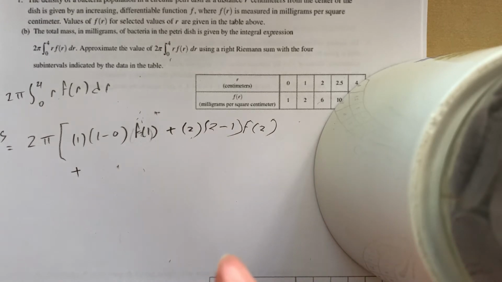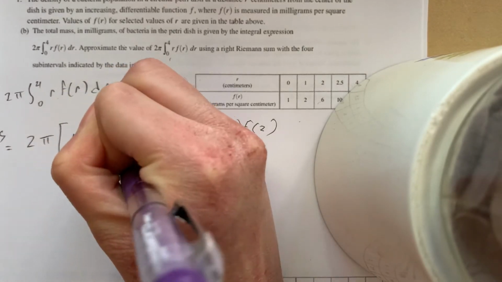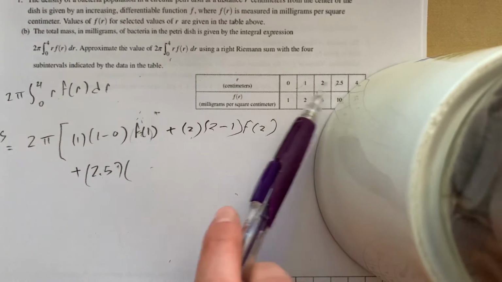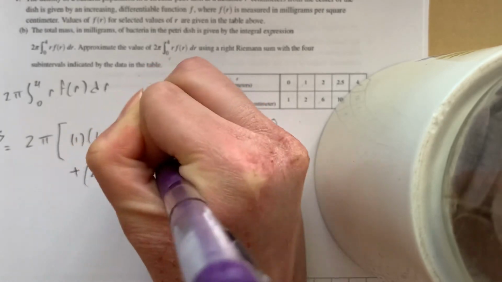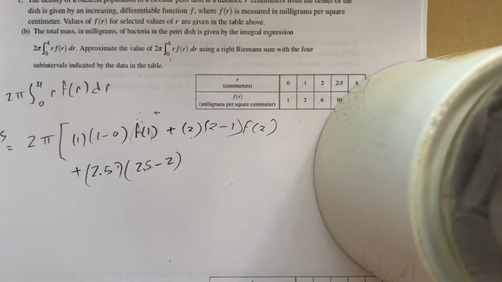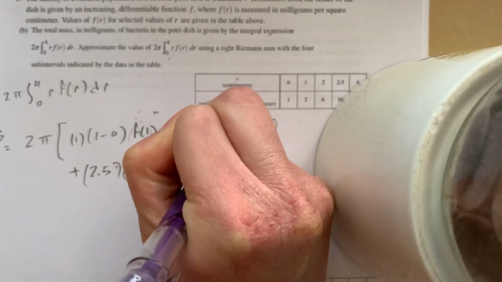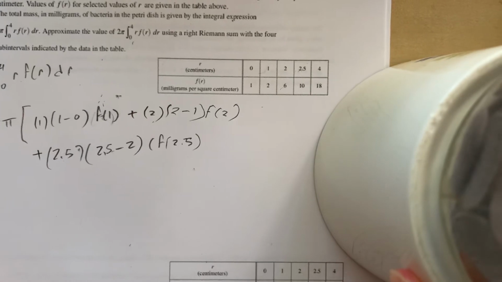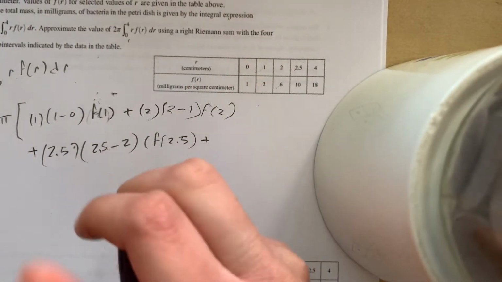For the next one, multiply 2.5, and the width would be 2.5 minus 2, and then we multiply that by f of 2.5.